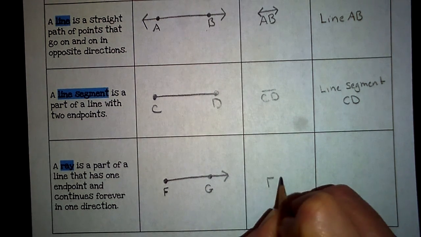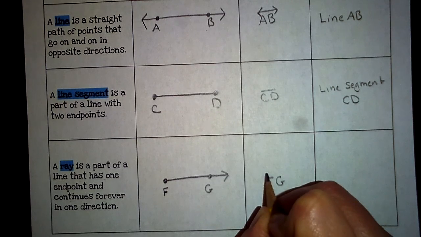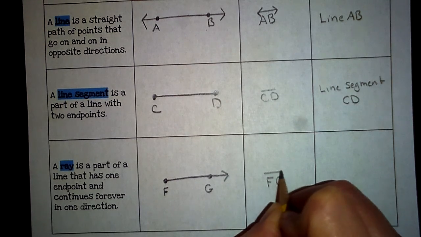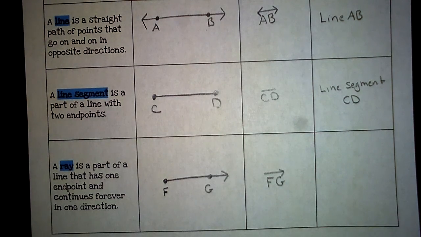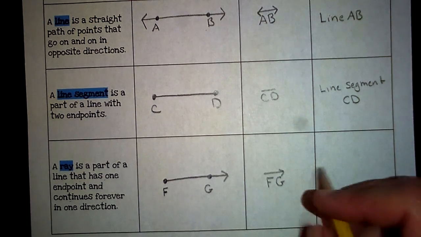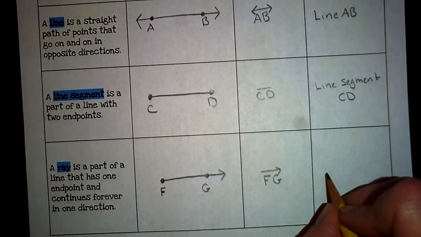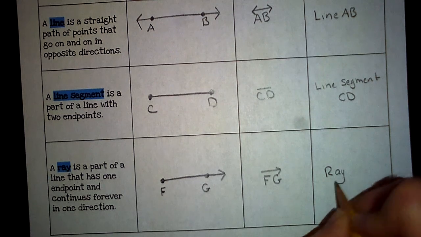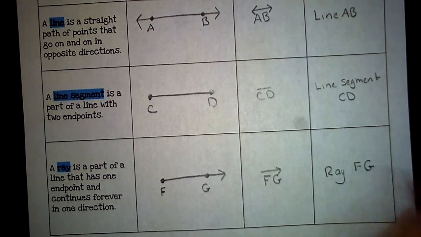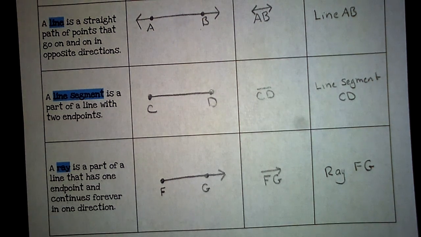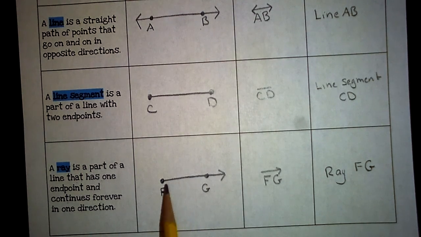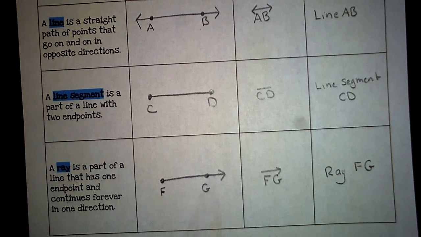And it looks like this. You would say this is ray FG. Okay? Now, a ray doesn't only have one point, it has one endpoint, and the rest is made up of all little points, just like our line.